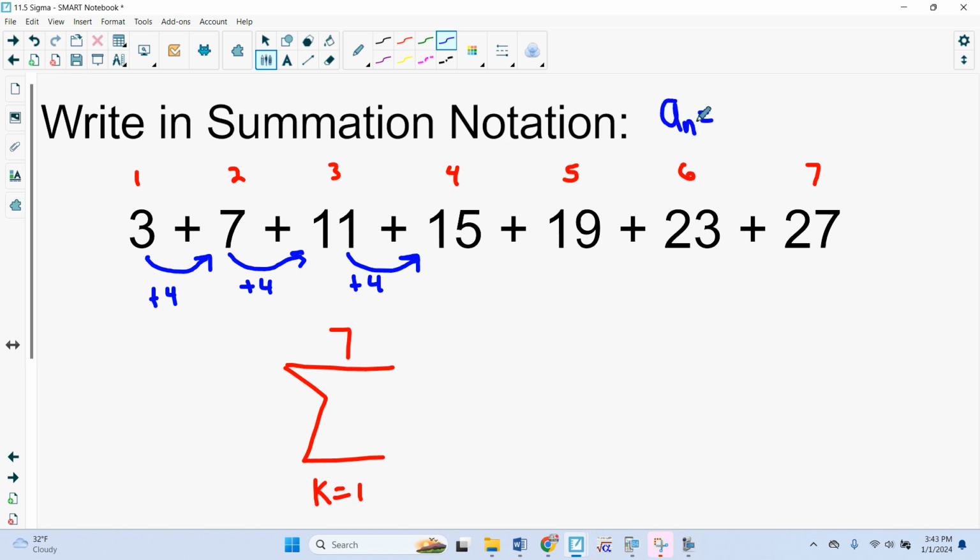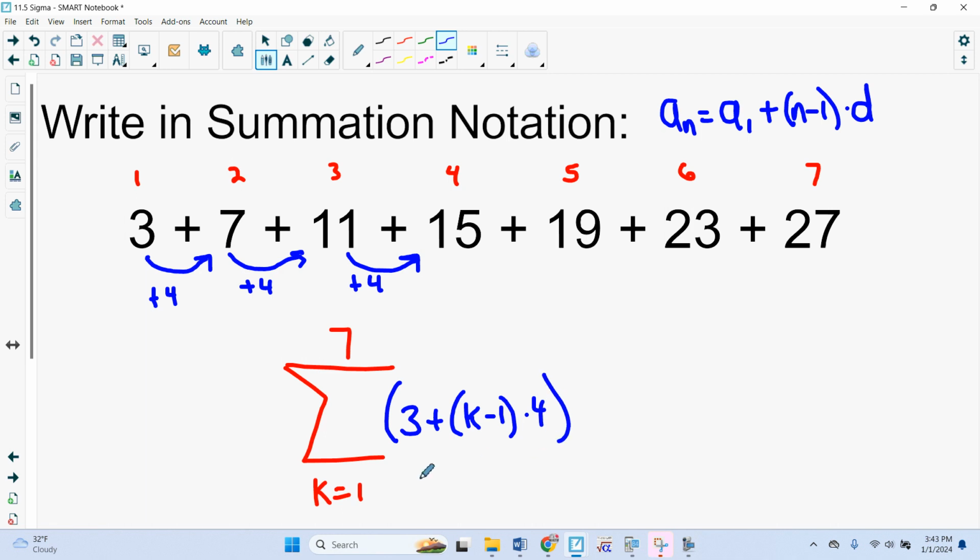Our formula was a sub n equals a sub 1 plus n minus 1 times d. So that formula here is 3 plus, instead of n here, we have k times 4. And there is our sigma notation. Here is this series written out in sigma notation.